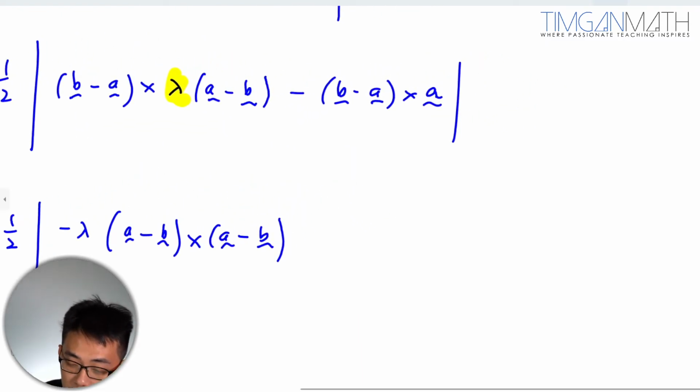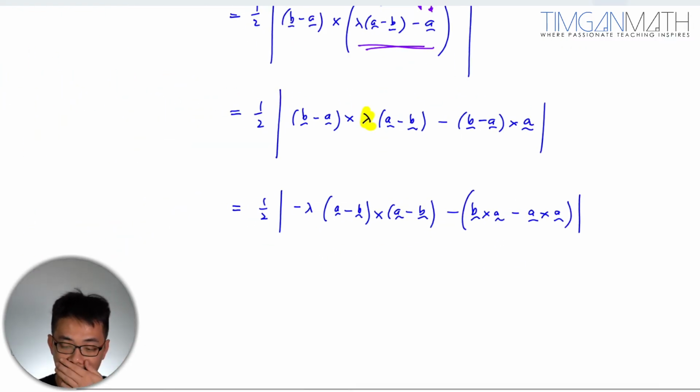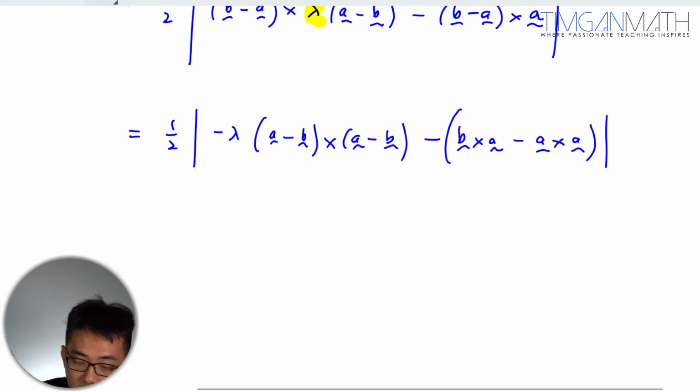Then for this one here, I'm going to distribute it in, so it's B cross A minus A cross A. The order matters, so just take note that this is B cross A, then this is A cross A. This will be a zero vector, because any vector crossed with itself is zero.